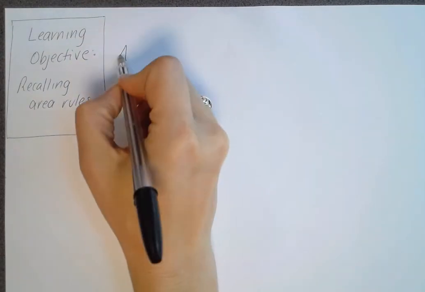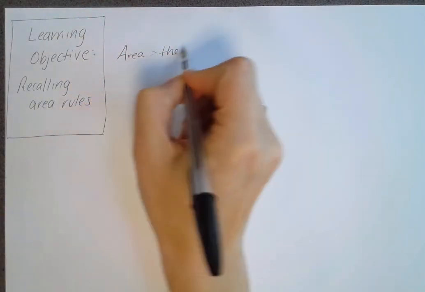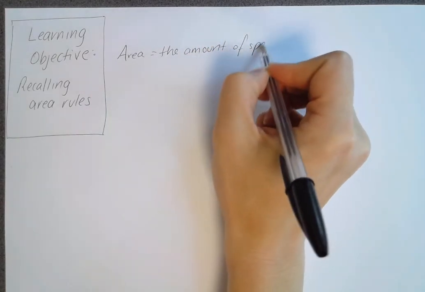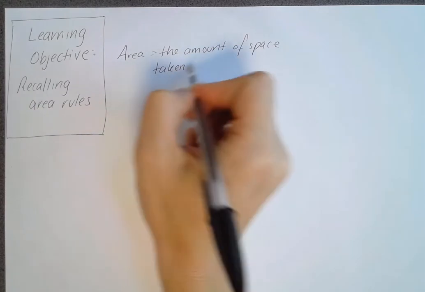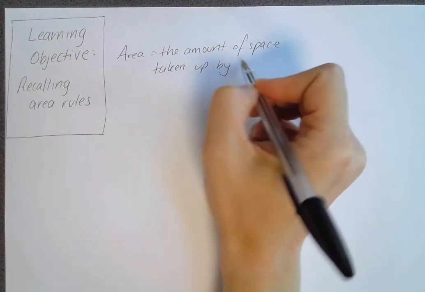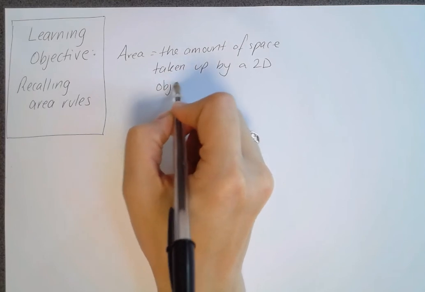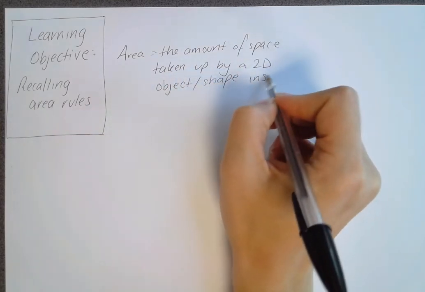So let's all remind ourselves, area is the amount of space taken up by a 2D object or shape inside of its boundary.